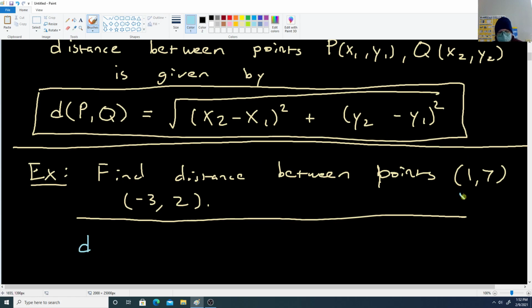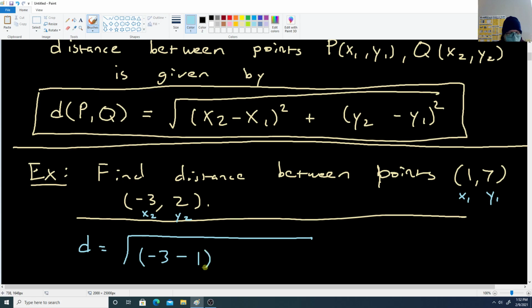I'm going to call this the x1, y1 coordinates, and I'll call the second point they gave us x2, y2. It really doesn't matter which point you call x1, y1 or x2, y2. You get the same answer either way. So we'll do x2 is -3 minus x1 is 1 squared plus y2 is 2 minus y1 is 7 squared.